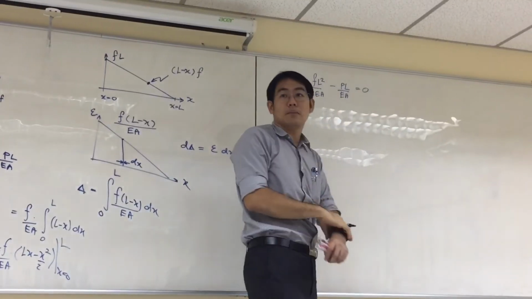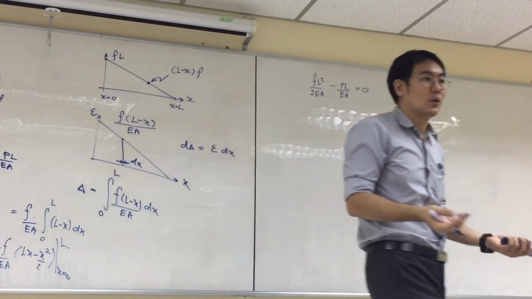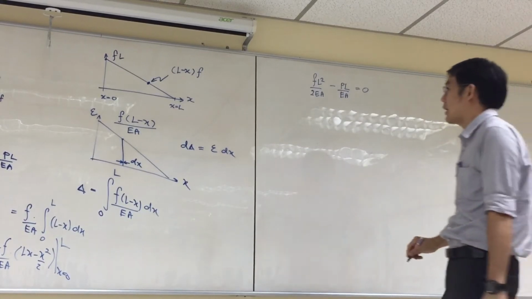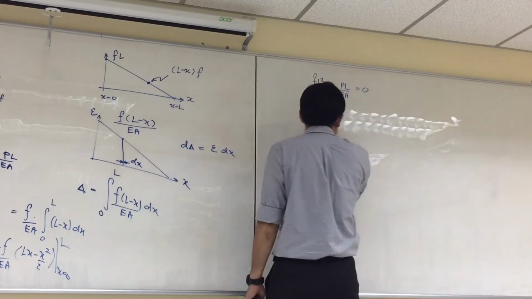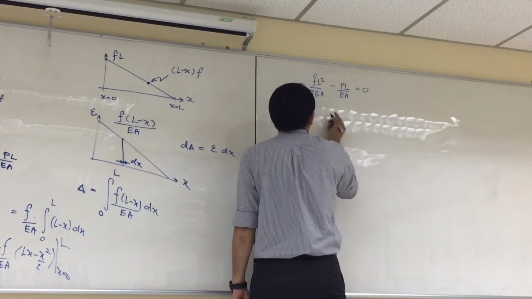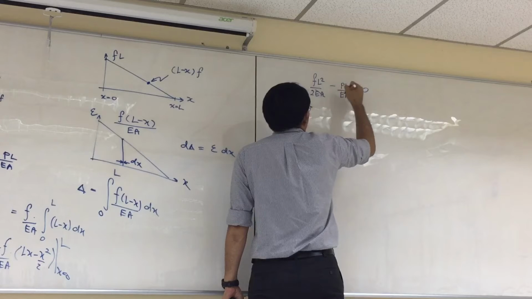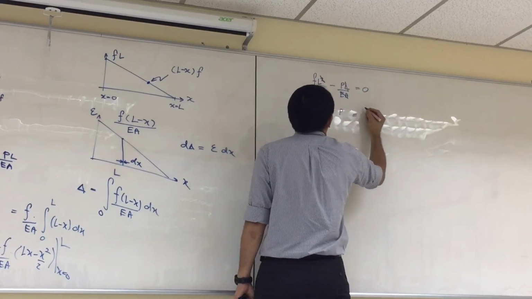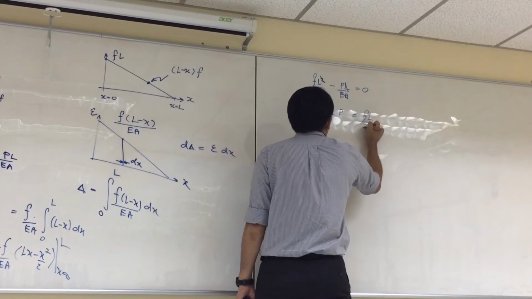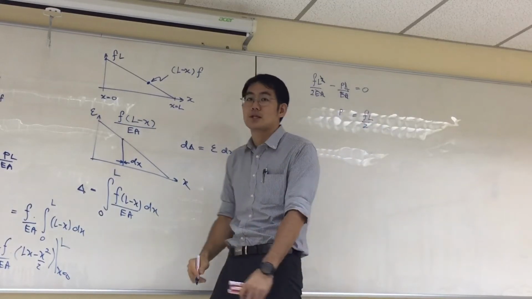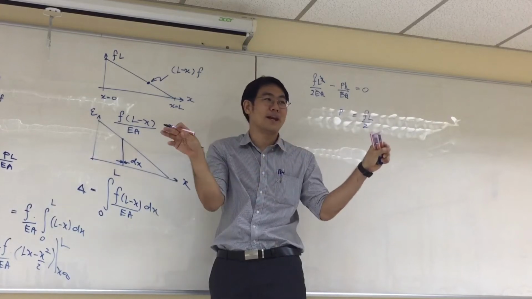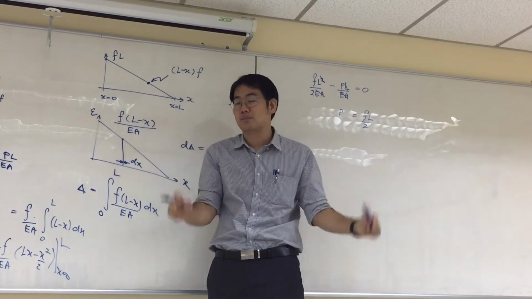And this relationship must hold in order to calculate the effects of the equivalent nodal point reactions. Cancel out, cancel out. We find that P equals FL over 2. Just easy. Actually, it's just distributed half to one node and another half to the other node.